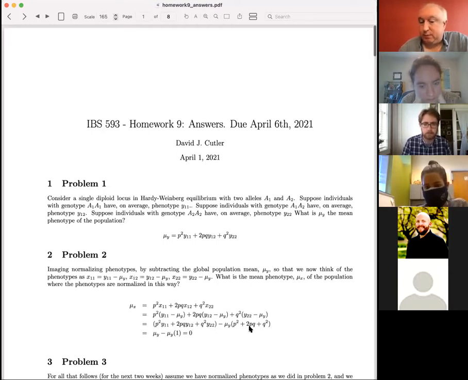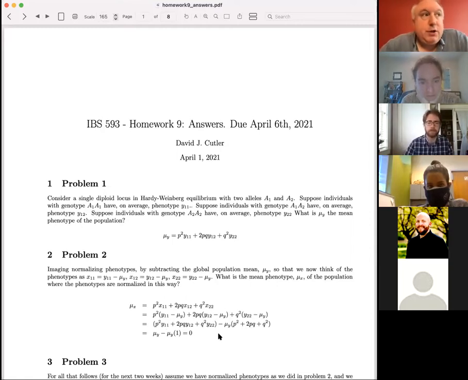That number, p squared plus 2pq plus q squared, is the number 1. This here, we just defined in problem 1 as the mean of y. So this total is the mean of y minus the mean of y times 1, which is 0.